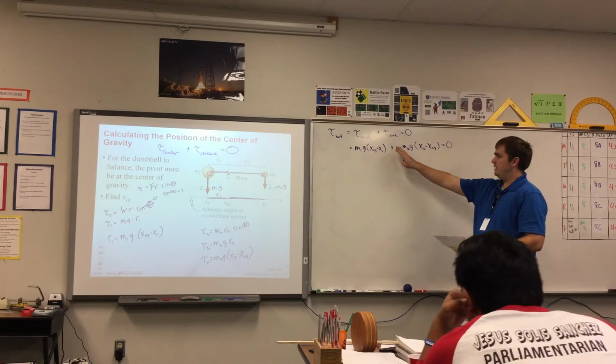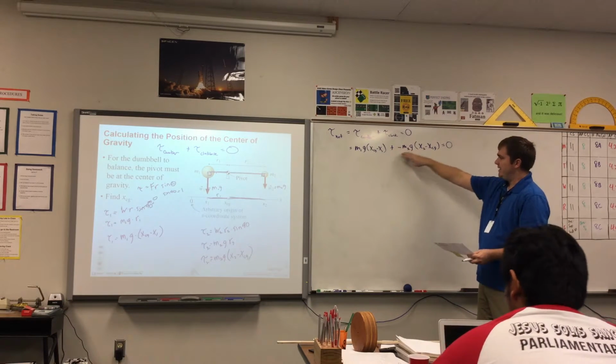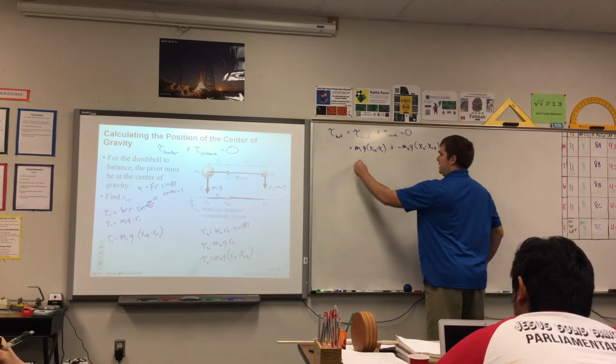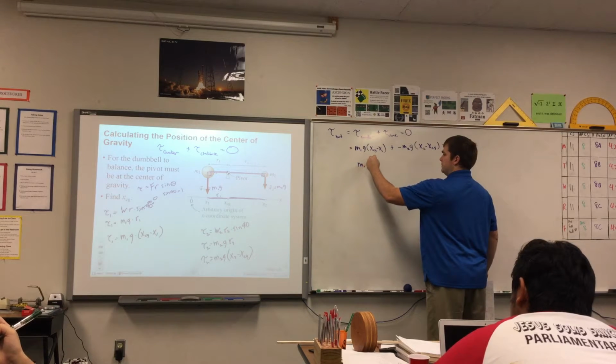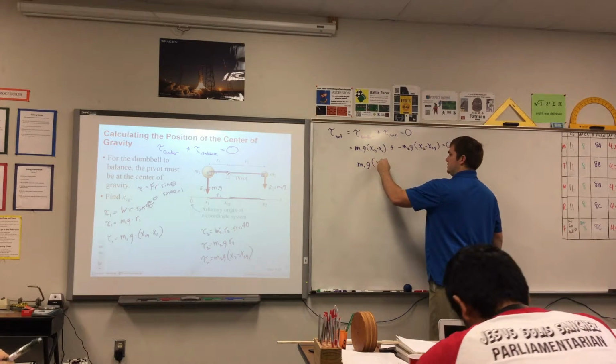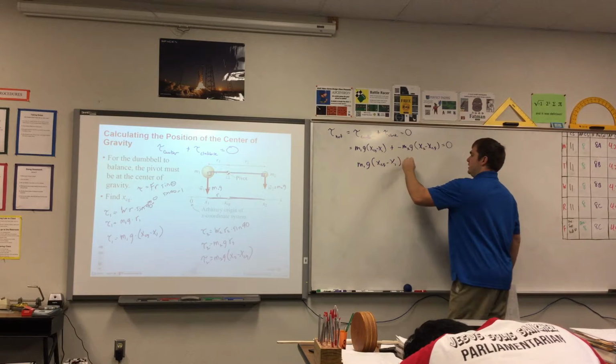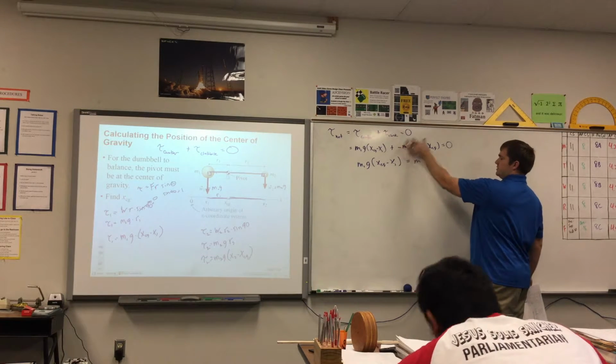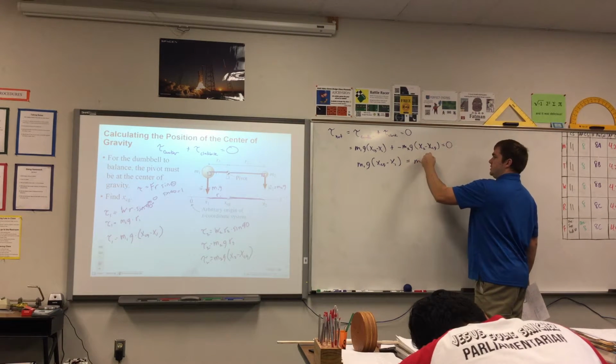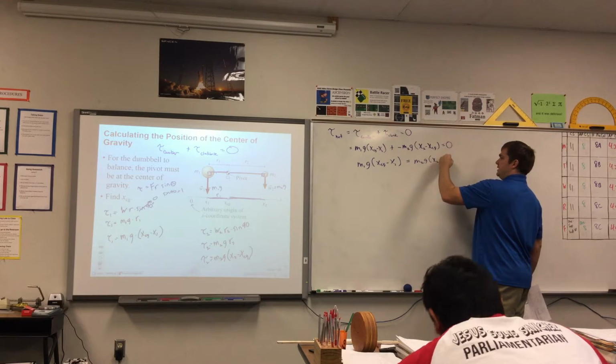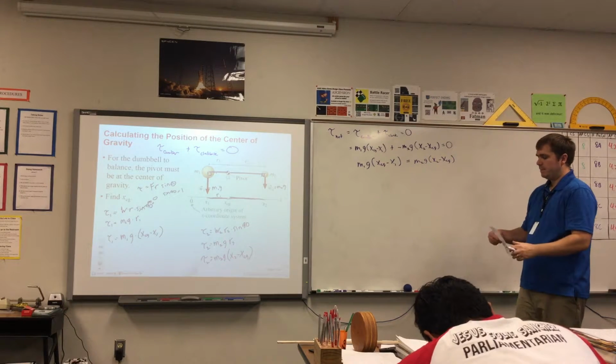So adding a negative, basically subtracting. I can add this to both sides, and I have mass 1 times gravity times XCG minus X1 equals, bring this over to the other side, M2 G X2 minus XCG.